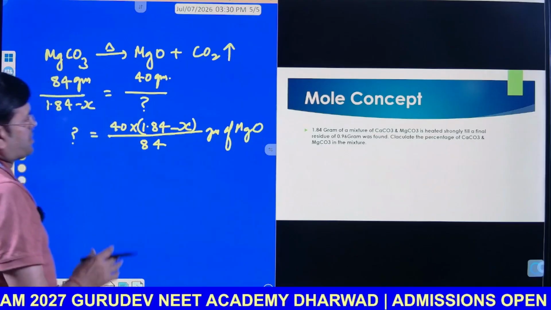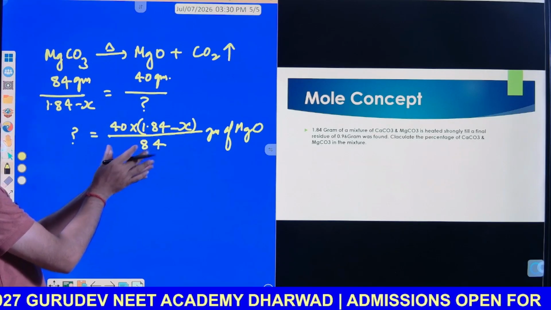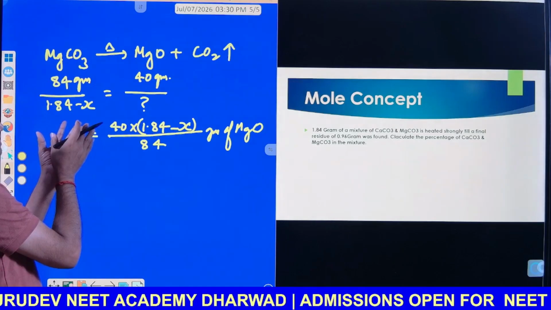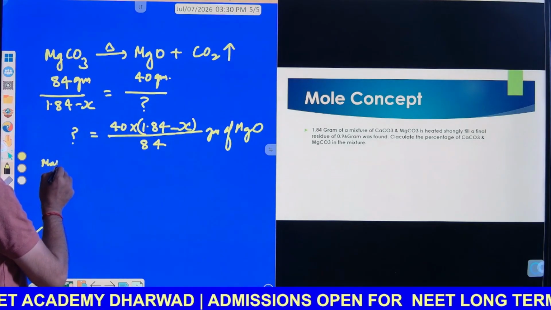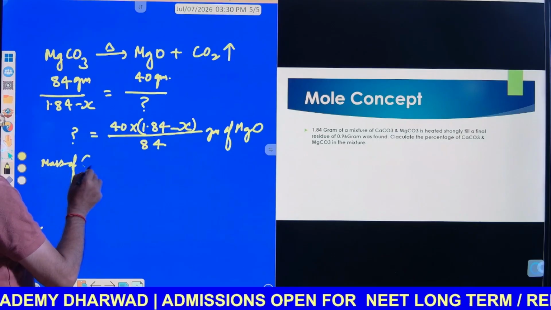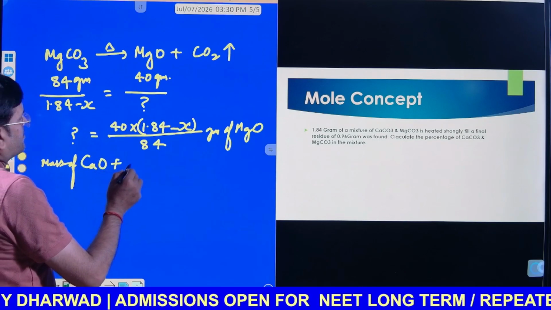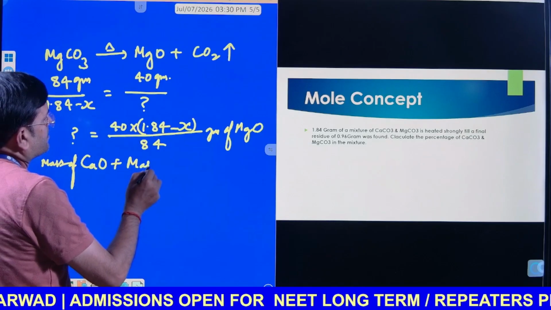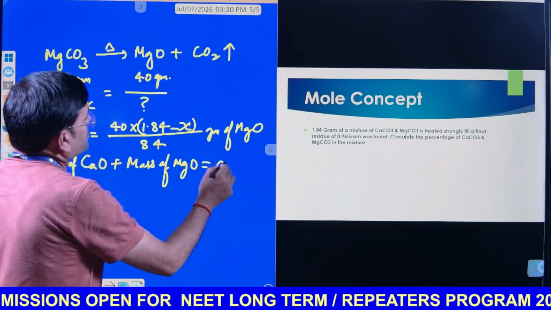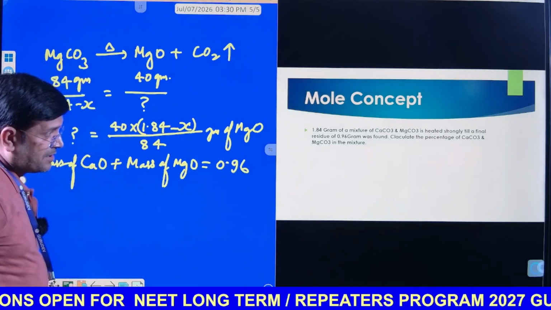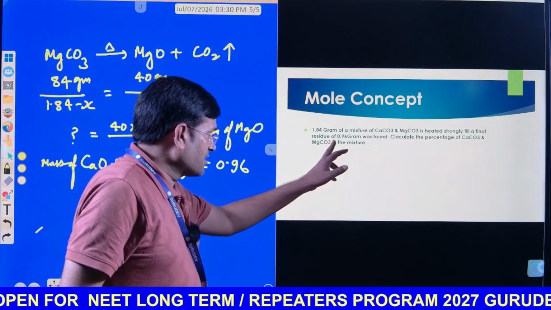Now as per the question, this is the solid mass of MgO and the previous one is also the solid mass of calcium oxide. So mass of CaO plus mass of MgO is equal to 0.96, because it is given that the final residue was found to be this much.